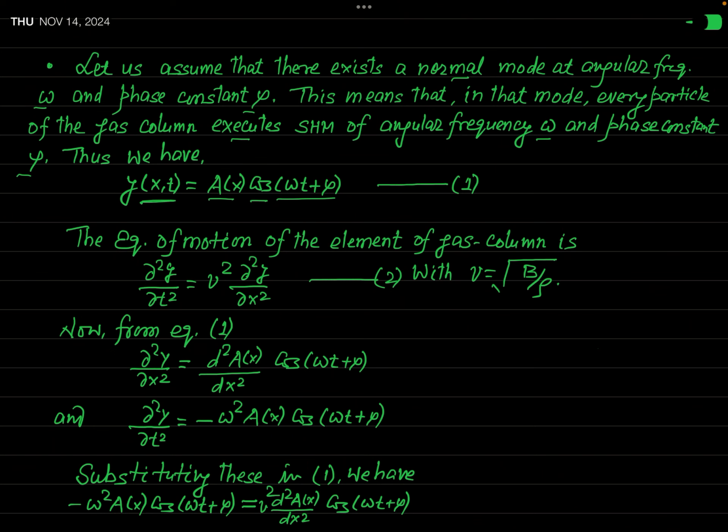Now, you have seen in the previous lecture the equation of motion of the gas element. I have written here the final result directly because you have already learned this in my previous video. The equation of motion of the element of gas is given as del 2y by del t square equals v square times del 2y by del x square, where v is a constant here.